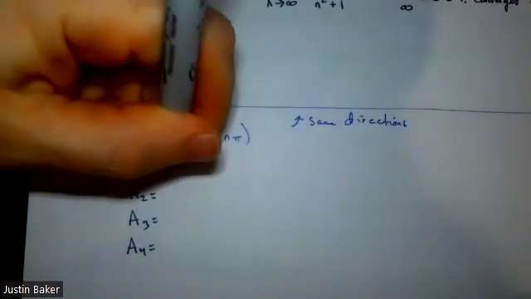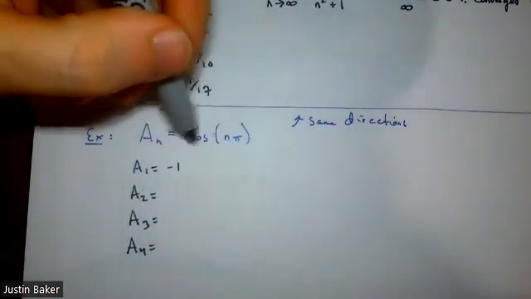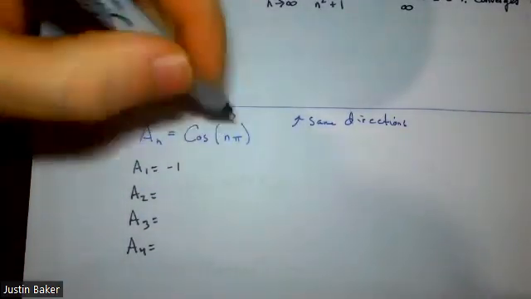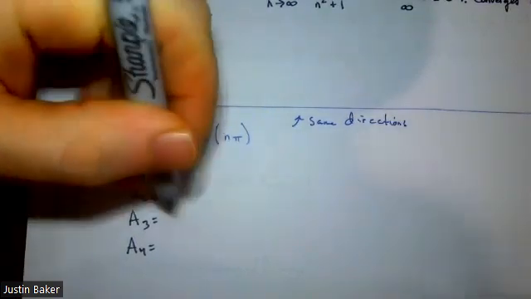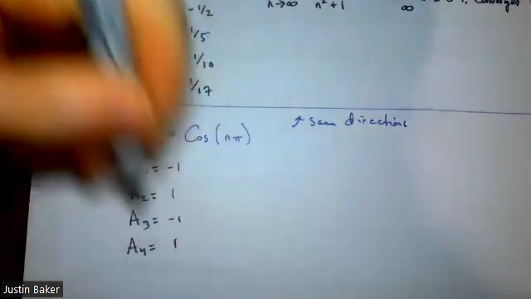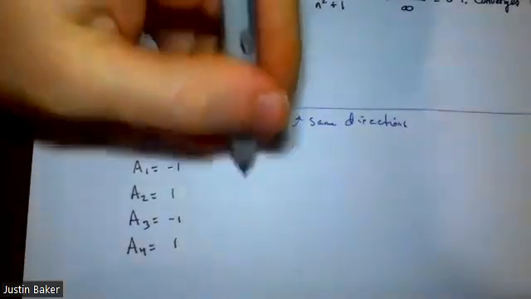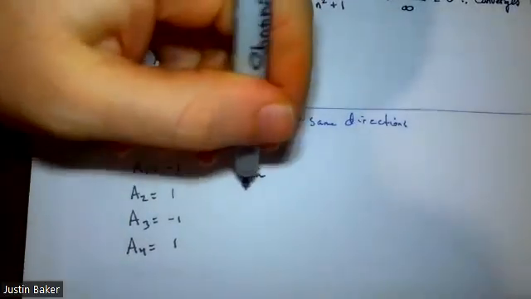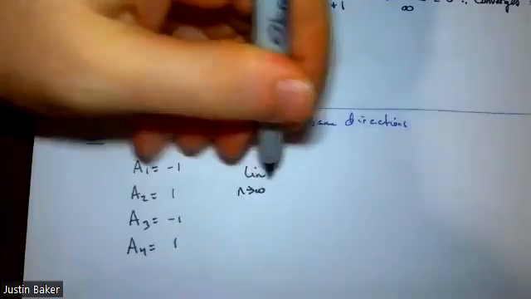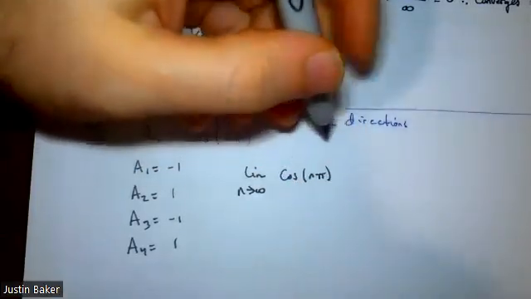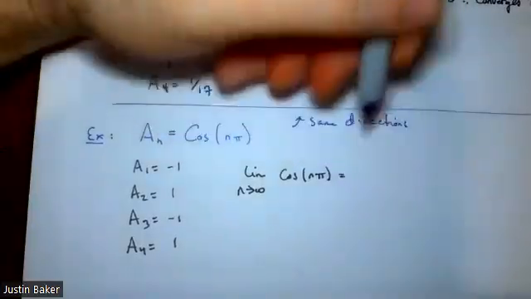Okay, so I'm looking at the first one being if you put just a 1 in, cosine of pi is negative 1, then it would go to 1, then it would go to negative 1, then it would go back to 1. So now in this case, when you evaluate the limit as n goes to infinity for cosine n pi, we can't come up with a definitive answer here, right?